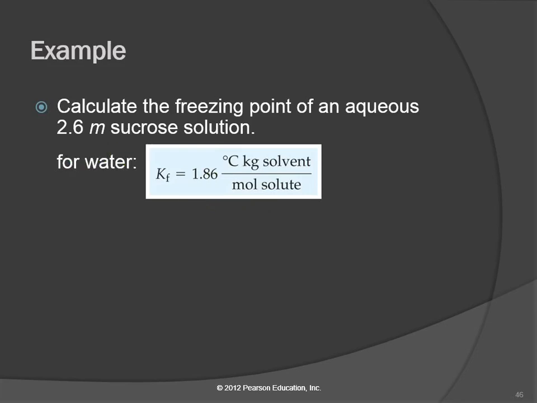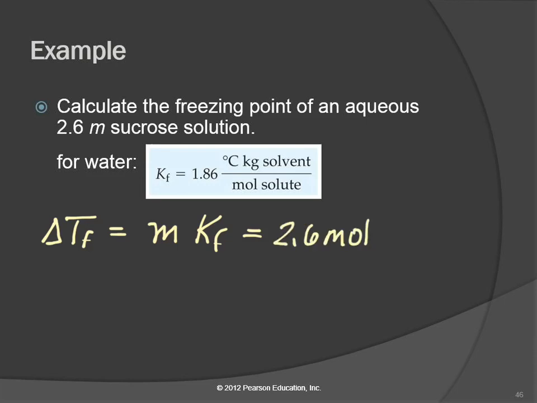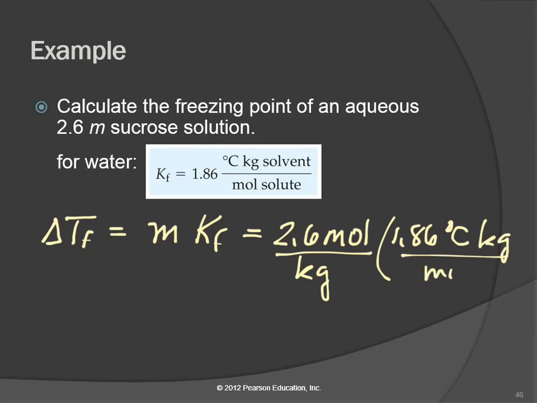So what we can calculate here, we've got that equation, change in freezing point equals molality times the freezing point depression constant. So here they gave us the molality, 2.6 molal, that's moles per kilogram, times the constant, 1.86 degrees Celsius kilograms per mole.